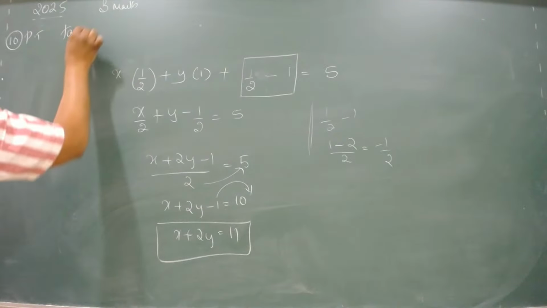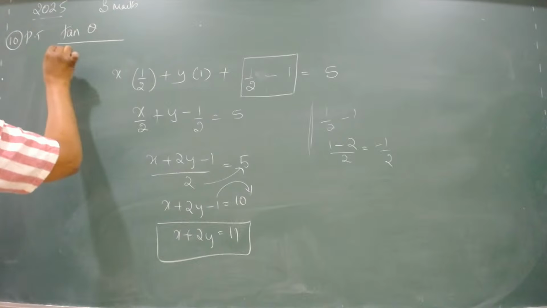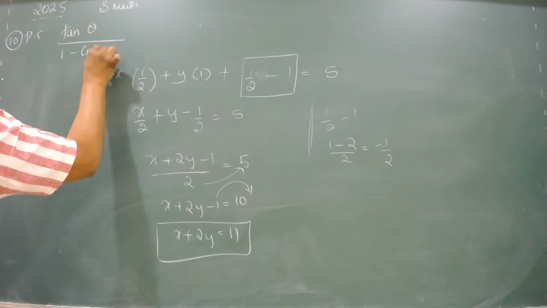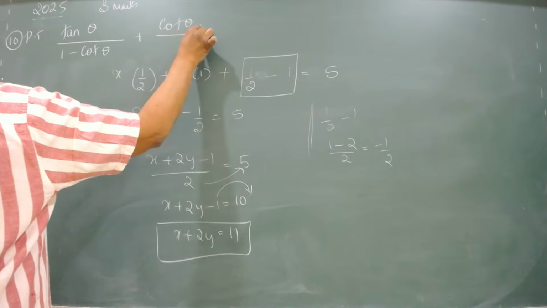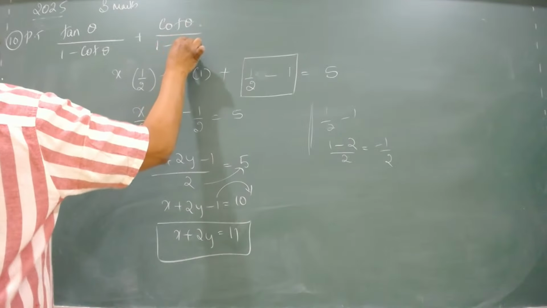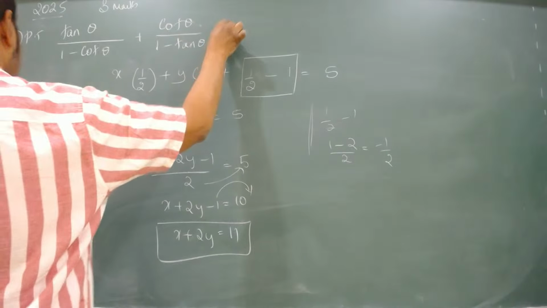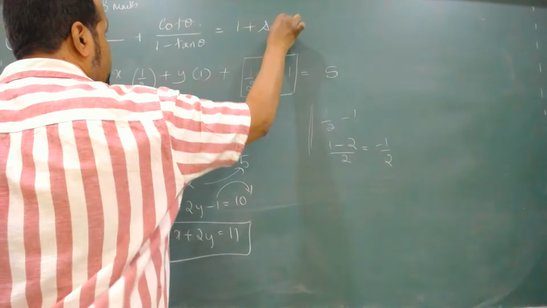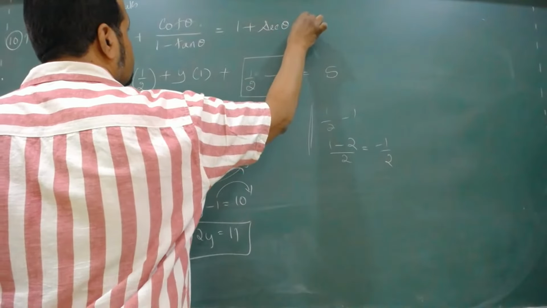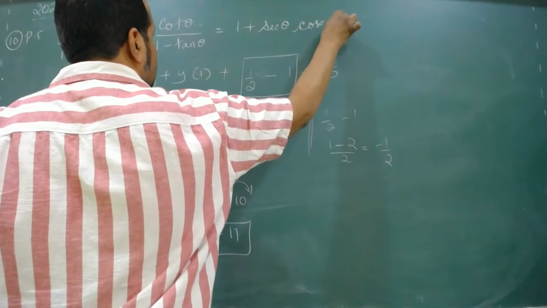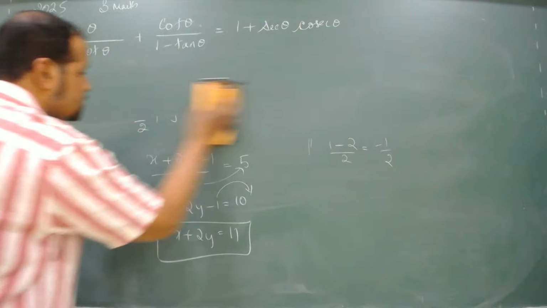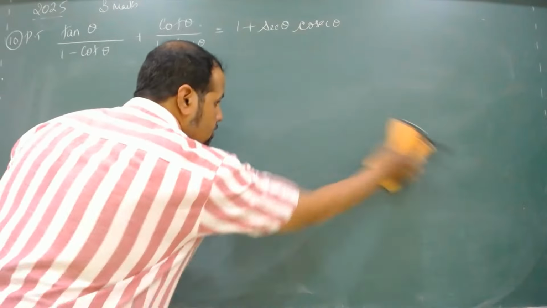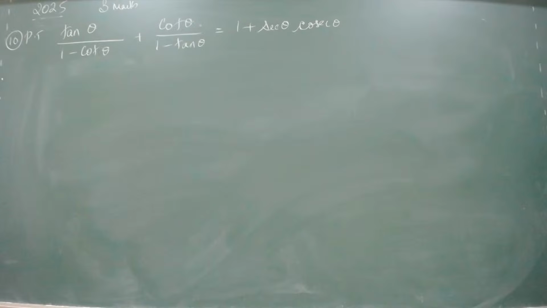Prove that tan theta divided by 1 minus cot theta plus cot theta divided by 1 minus tan theta is equal to 1 plus sec theta into cosec theta. A question which was asked in the year 25 for 3 marks.